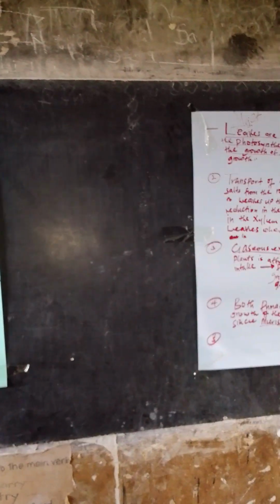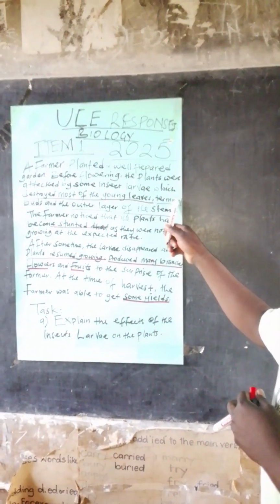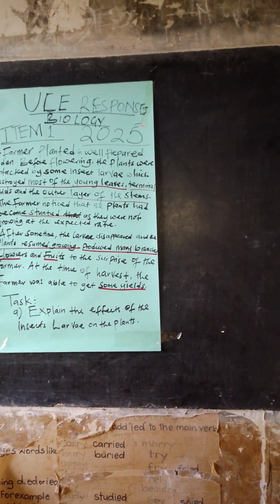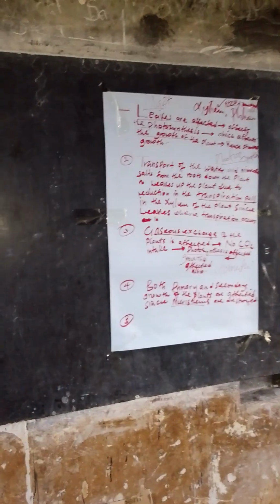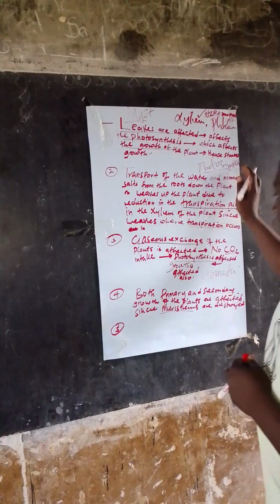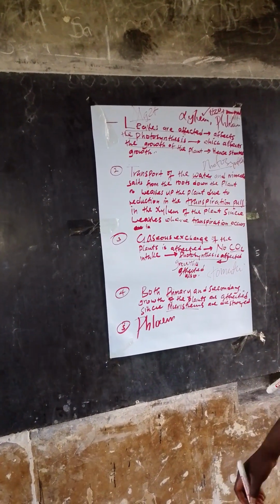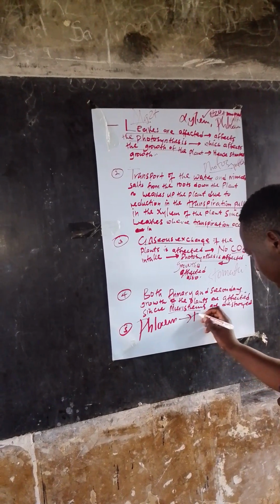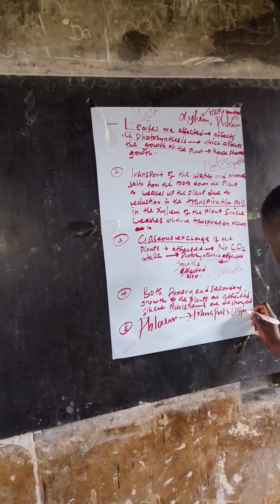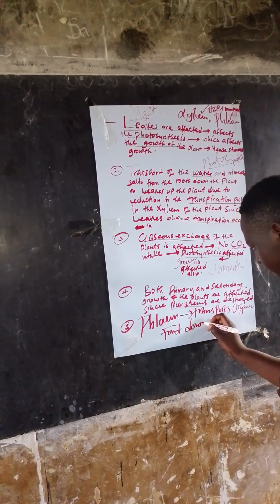Another thing, according to the question, the outer layer of the stems was affected. The outer layer of the stems contains another vascular bundle called phloem. Phloem transports organic food down the plant.